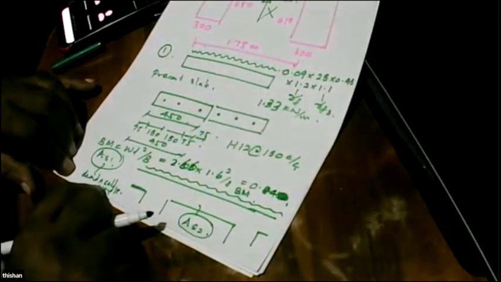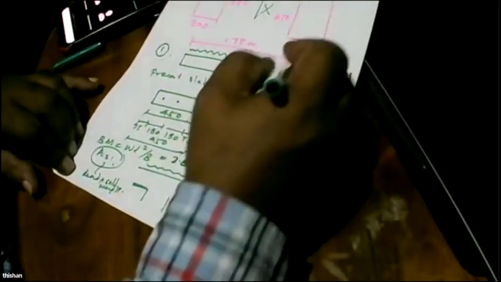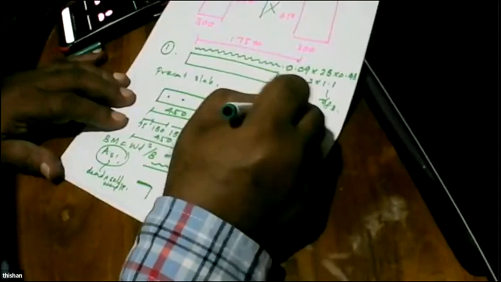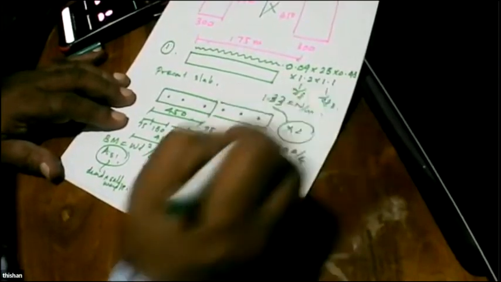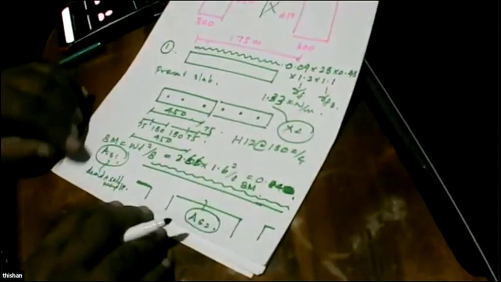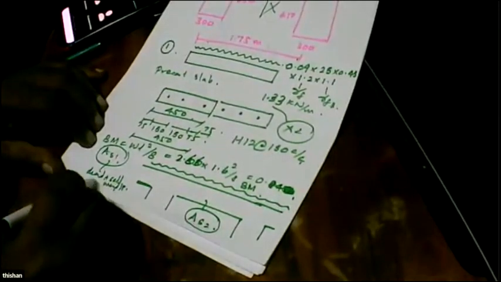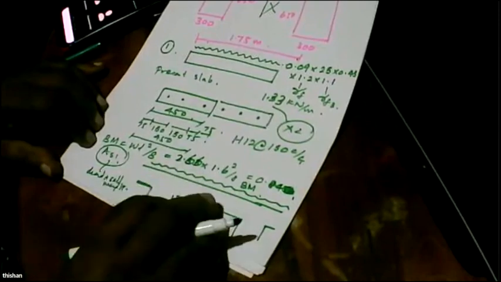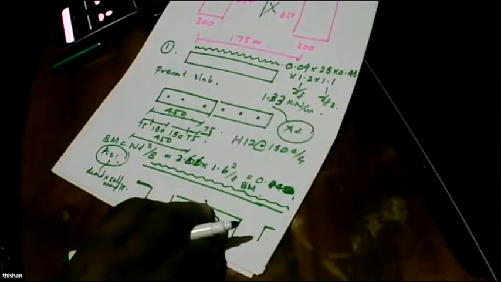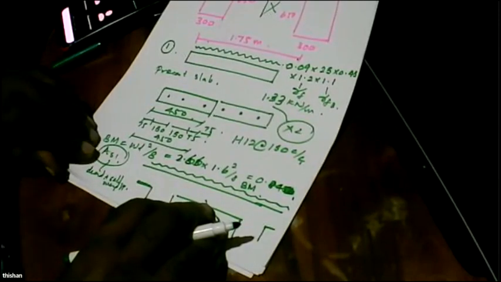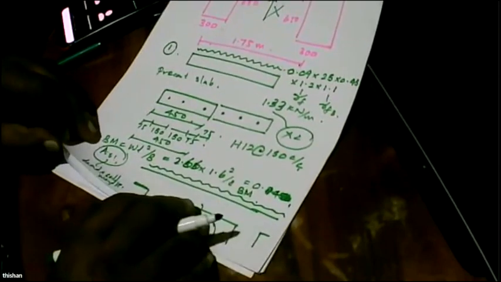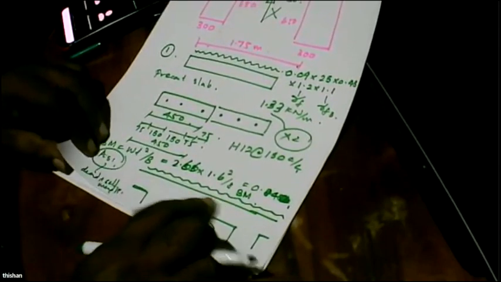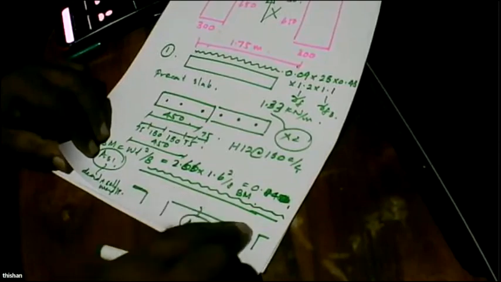So you have to consider both, and when you consider both, this should be multiplied by 2, and so you get 2.6. So this is dead plus self-weight of concrete, plus AS2 is what you need to resist the bending moment in a continuous beam.